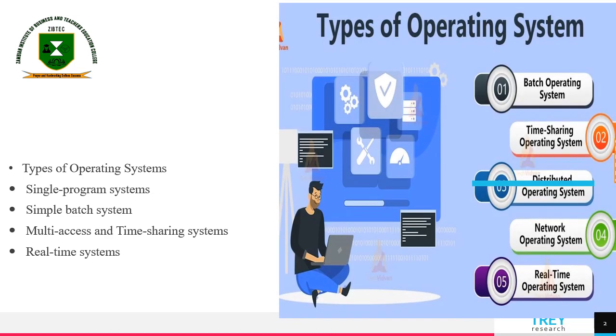So now if you look at this diagram, on types of operating systems, you've seen here this person is looking at a cartoon, is holding a laptop, and then these are the different types of operating systems. The first one we've got the batch operating system, time sharing, distributed network, real-time operating systems. Okay, let's move on to the next slide.